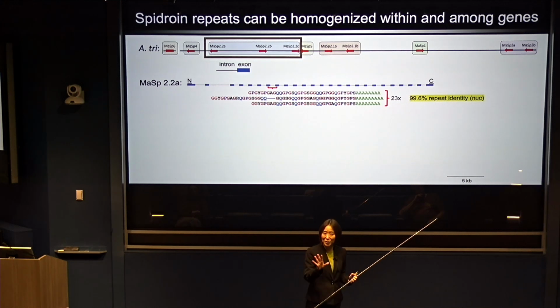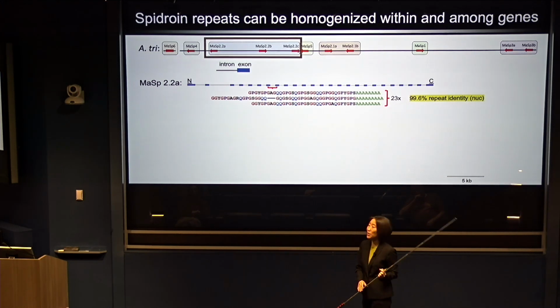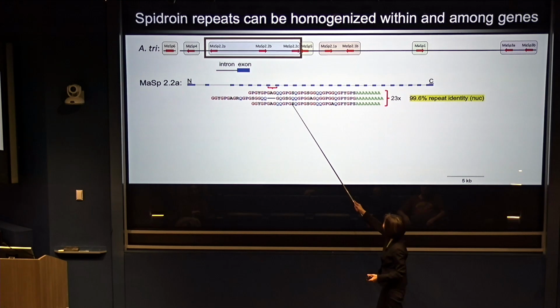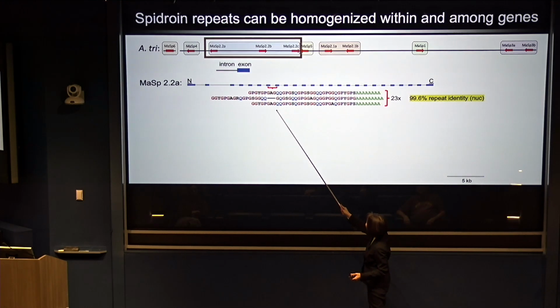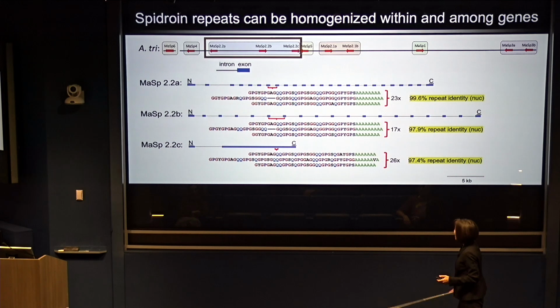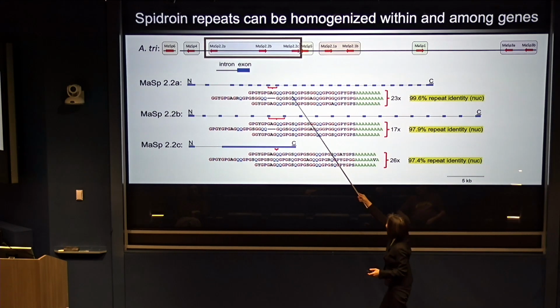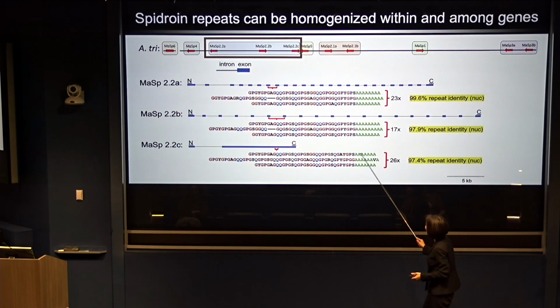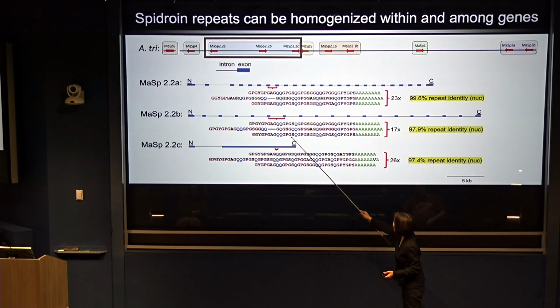So this is similar to what I was seeing with the aciniform spidroin, except in this case there's an intron interrupting it, and that's where this gap is right there. Here's MASP 2.2b, that's the one here. MASP 2.2b also has very similar repeat units grouped into an ensemble repeat interrupted by an intron.